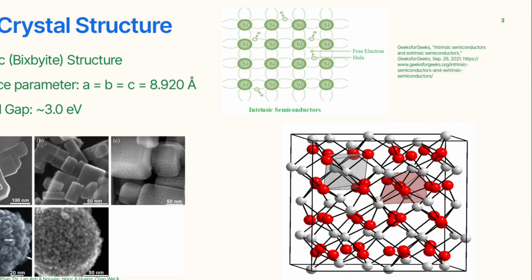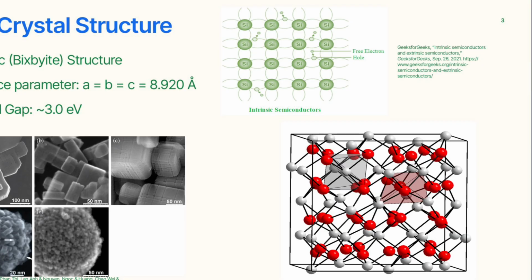Okay, crystal structure. Indium oxide crystallizes in the cubic bixbyite structure, characterized by a defective fluorite-type lattice with systematic oxygen vacancies. In this structure, each indium atom is octahedrally coordinated by 6 oxygen atoms, maintaining structural stability despite the presence of vacancies.